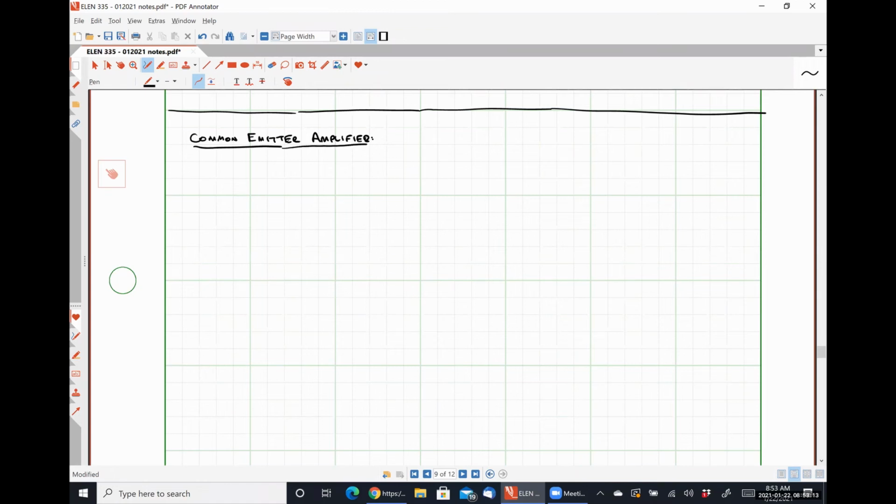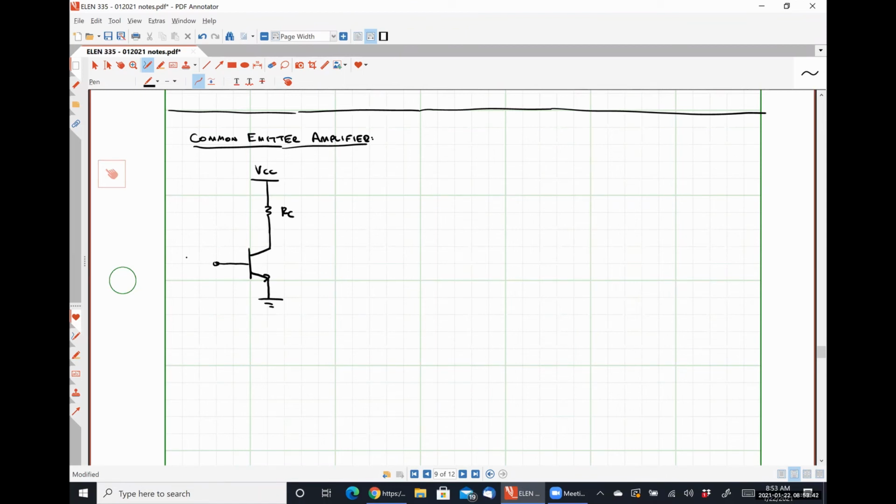All right, so as we've talked about previously, the basic topology of a common emitter amplifier looks something like this. We have a resistance RC placed between the power supply and the collector terminal. We ground the emitter terminal.